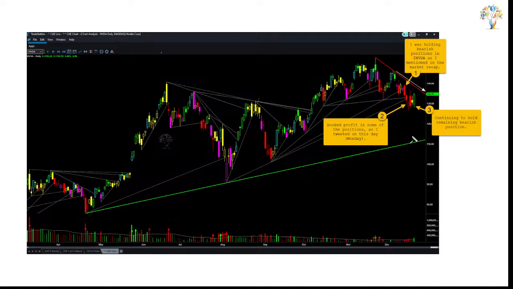Because I have booked partial profit in the trade, I am in no hurry, and because the expiry is also quite far away. This is what I try to do in my swing trades: book partial profit at a reasonable level quickly to make the trade risk-free as soon as possible.